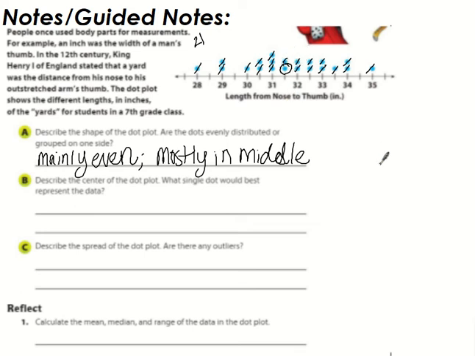We've got 1 left. So we would say the middle is at 31 and a half. And really, if you look, it does look like that. So I would say that best represents it as well, okay?